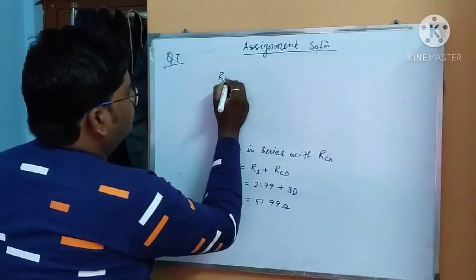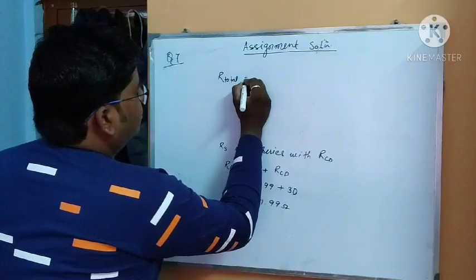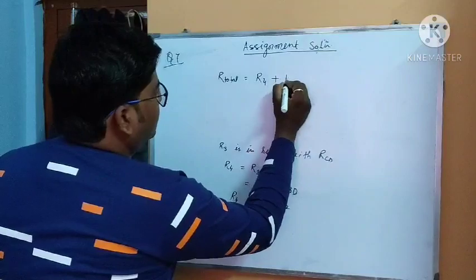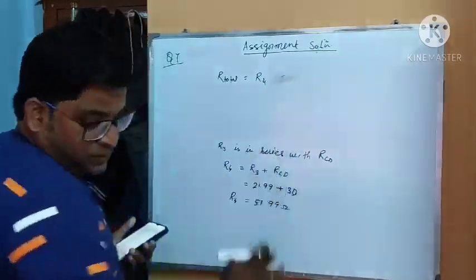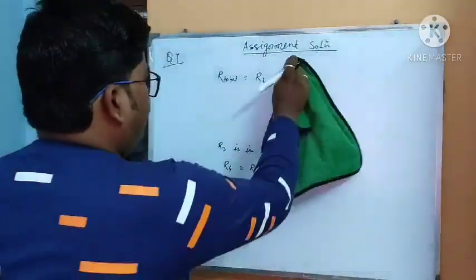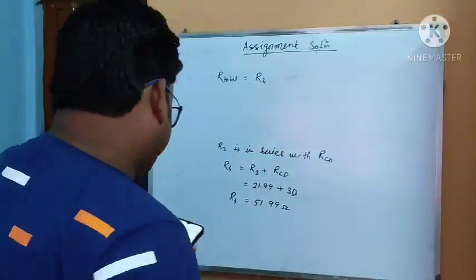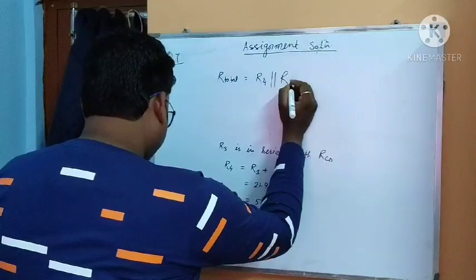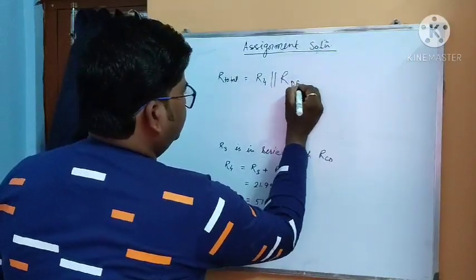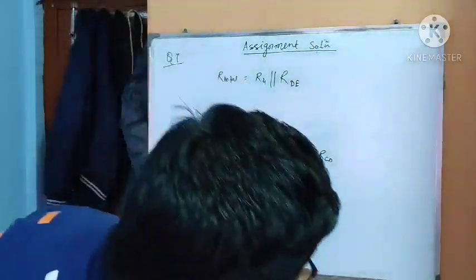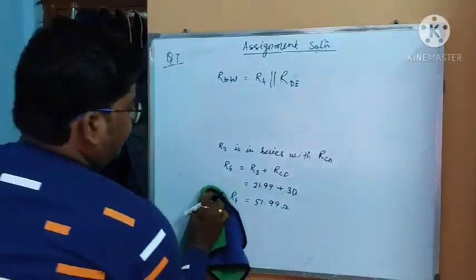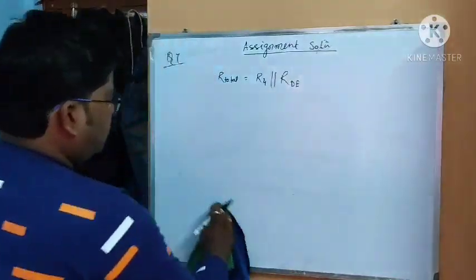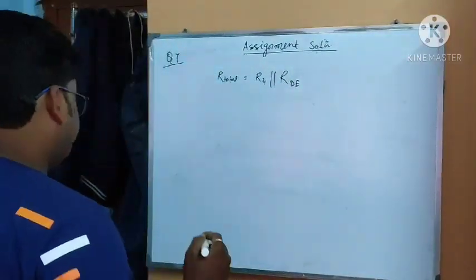So R total is equal to the parallel combination of R4 and R of DE. R4 we have calculated, that is 51.99, and the value of R of DE, the resistance present in between D and E, is 50 ohm.